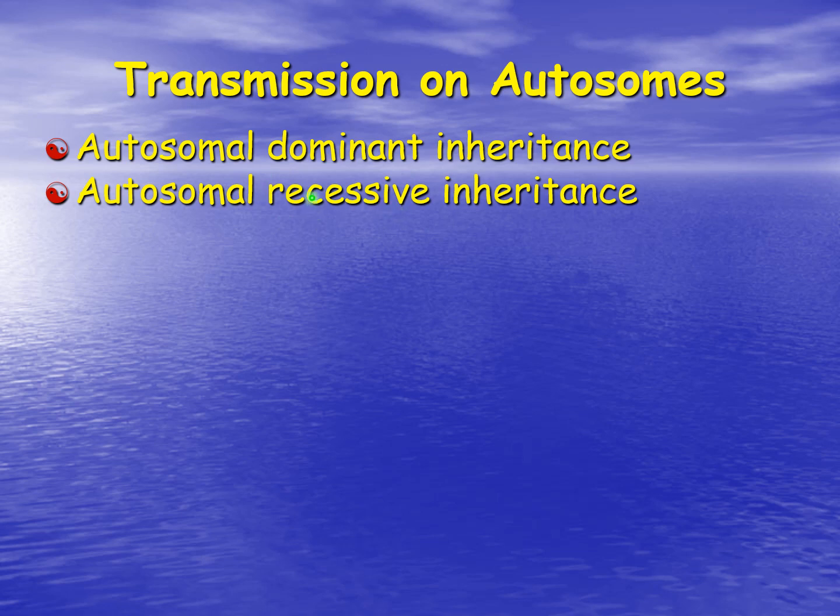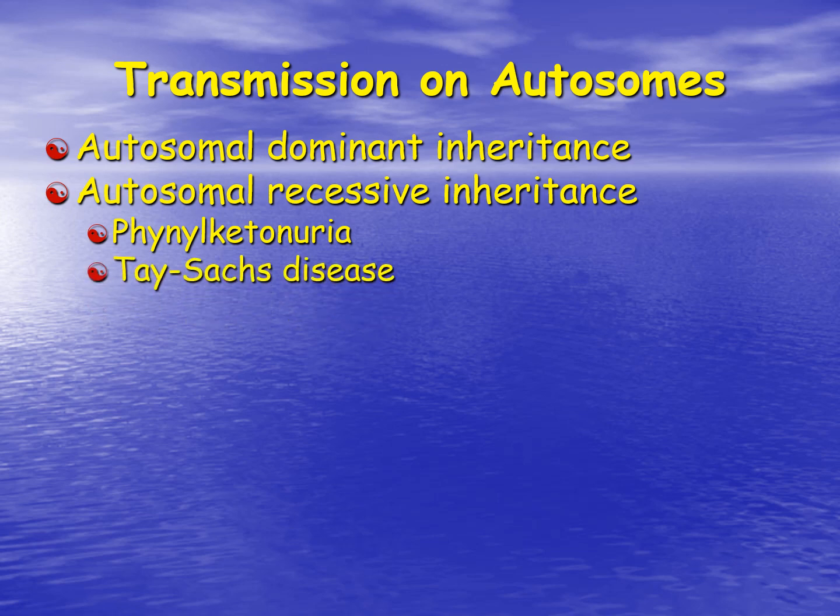And so to actually see the disease in an individual, both of the genes on the pair of chromosomes inherited would have to be of the recessive type. A couple of these are phenylketonuria, and that should have an E in there, and Tay-Sachs disease.